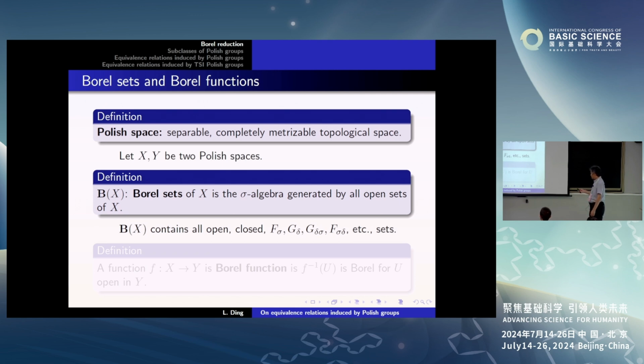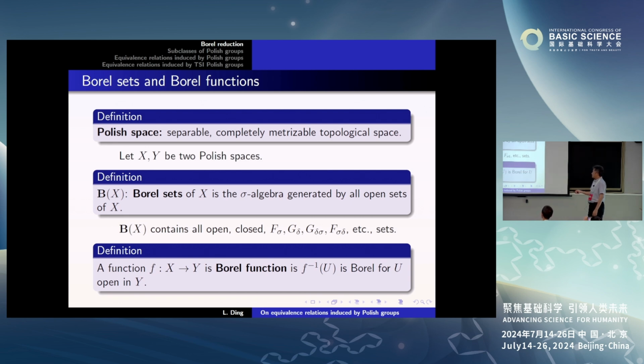This is the second level. And for the third level, it will be G delta sigma and F sigma delta, and so on. So G delta sigma means a countable union of G delta sets, and so on. This is the third level, but B(X) can be split into infinitely many levels. Even more, there will be uncountably many levels.